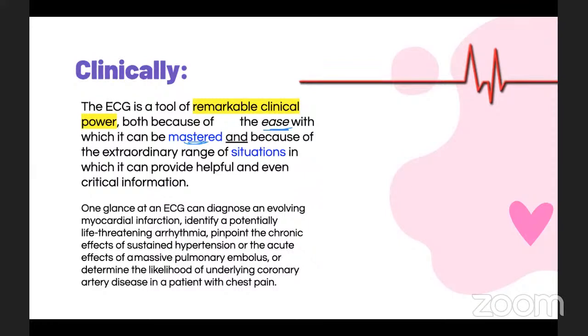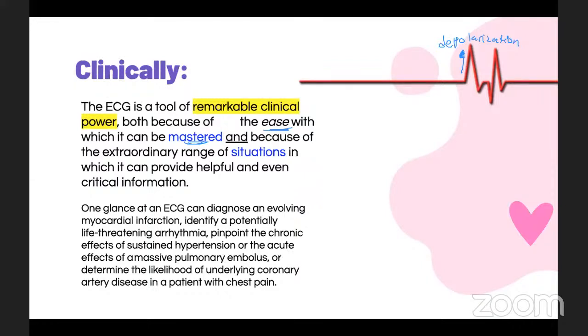Because if I tell you something, like if I tell you on an ECG, this part going up means depolarization, you will remember this. You will remember that this picture means depolarization of the heart. And I'll explain what depolarization is in a minute if you're confused. You'll know what it means, don't worry. So I told you what it means and you memorized it. So it's easy to master. Everyone can read this part.